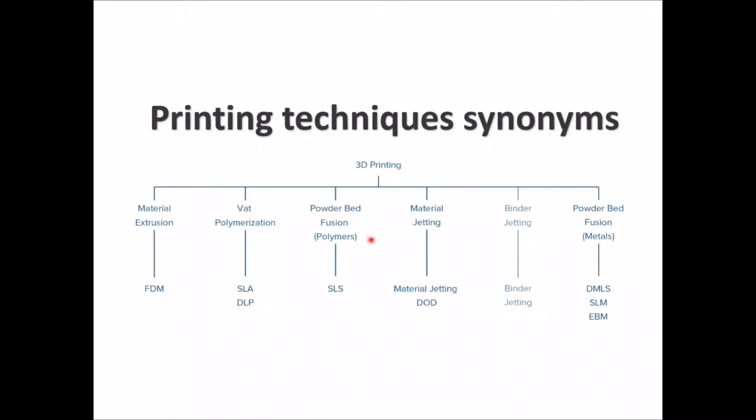If we want to look into a layout for the 3D printing methods, some 3D printing methods depend on material extrusion, similar to FDM. For vat polymerization, we have SLA and DLP.